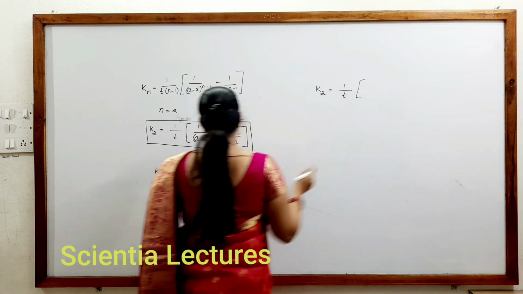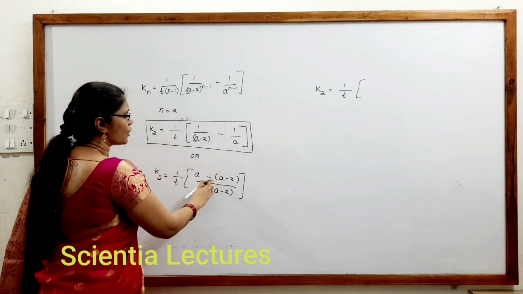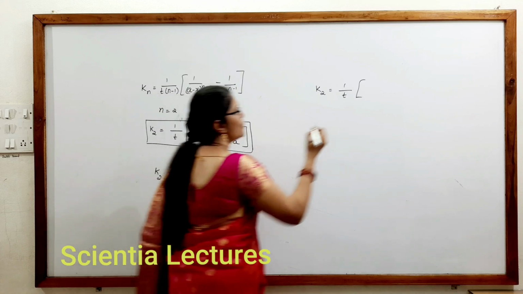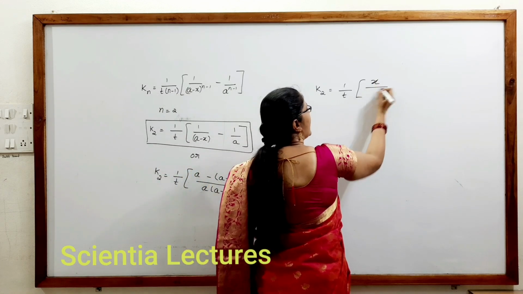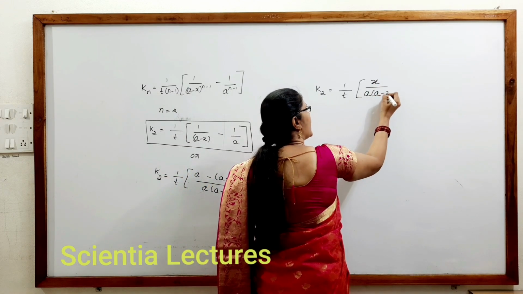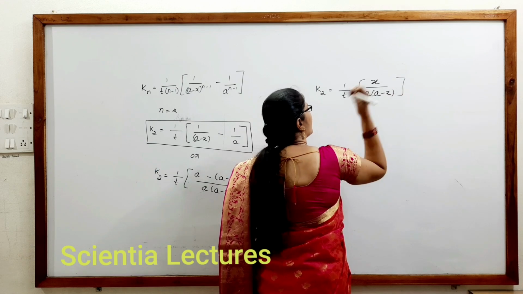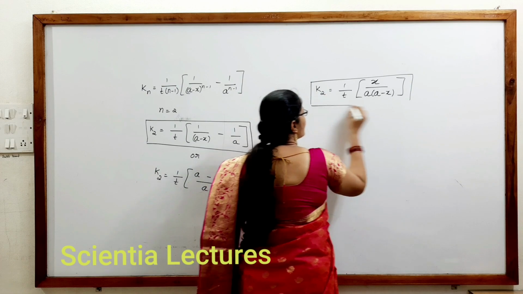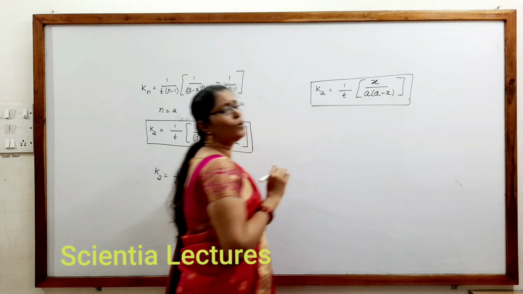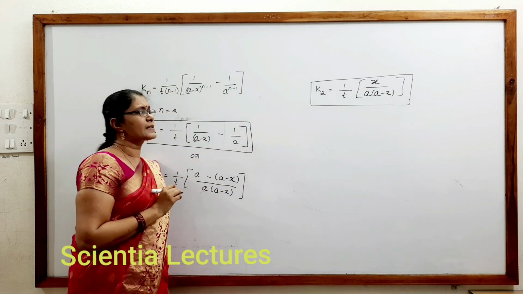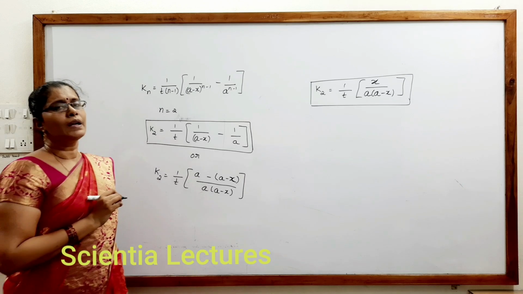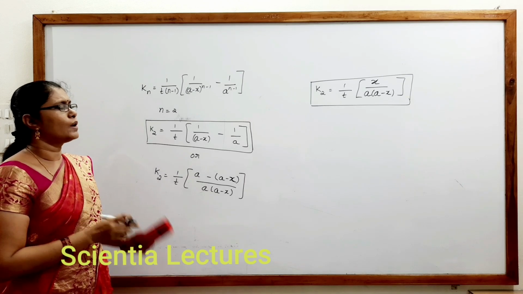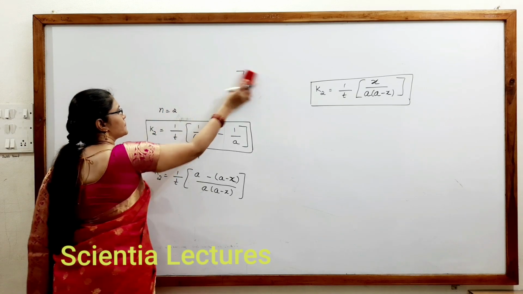You can observe here that A minus A becomes 0, and minus of minus X becomes plus X. So X by A into (A minus X). You can put this also as a second order rate equation. So K2 is equal to 1 by t into X by A into (A minus X) can also be considered a second order rate equation.